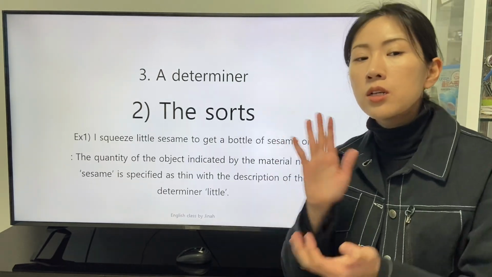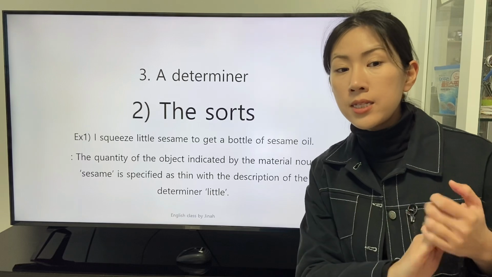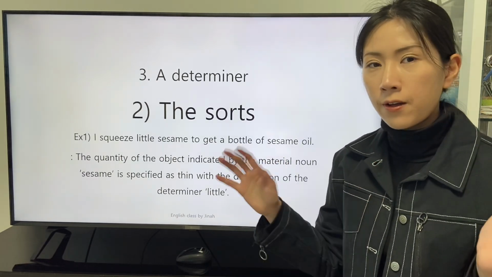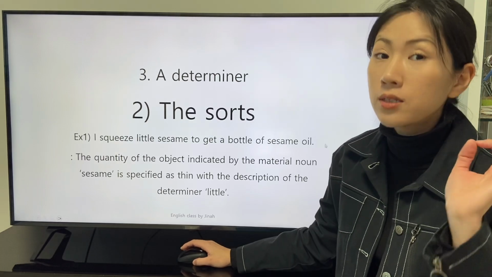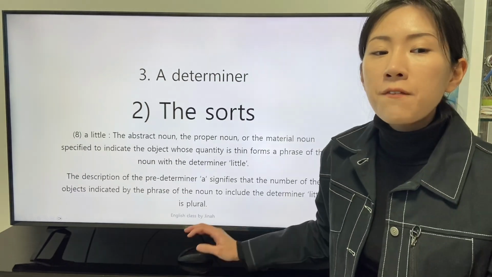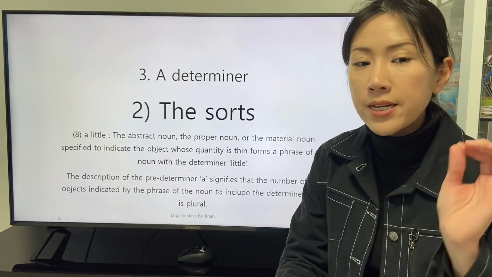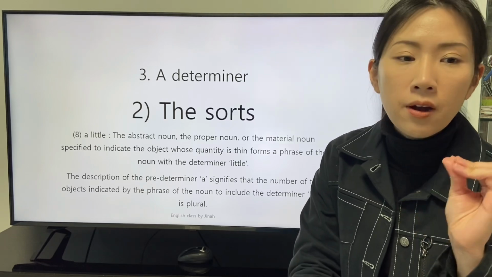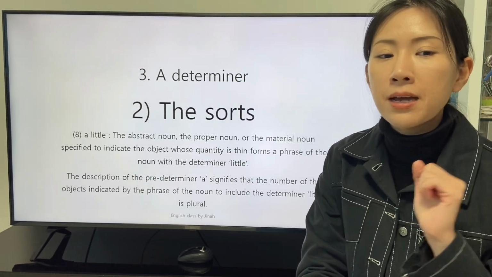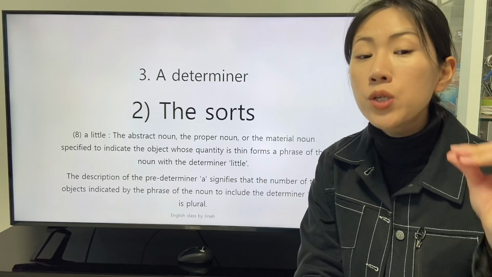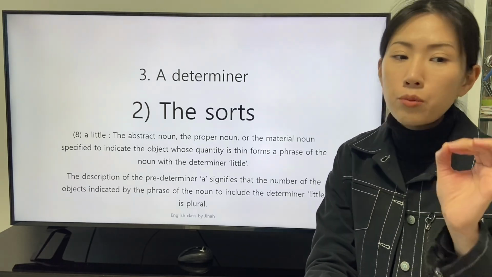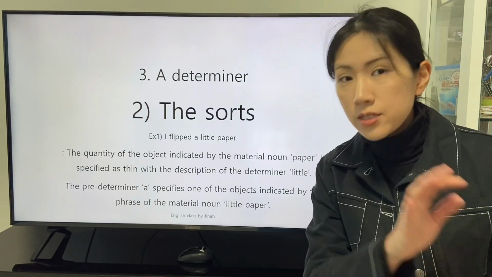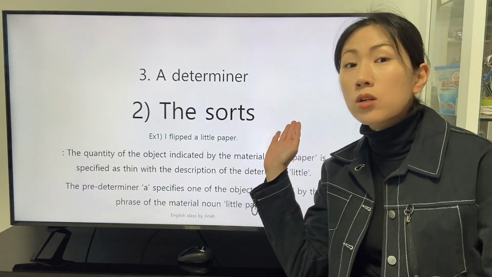In this class, the phrase of the noun little sesame is a phrase of the noun to include the determiner little. The description of the predeterminer a signifies that the number of the objects indicated by the phrase of the noun to include the determiner little is plural. Let's apply this to the clause.